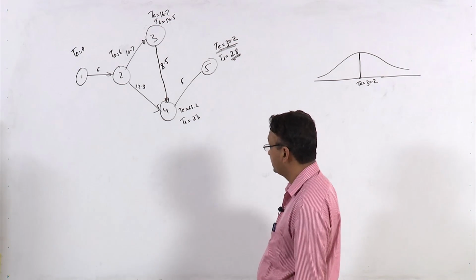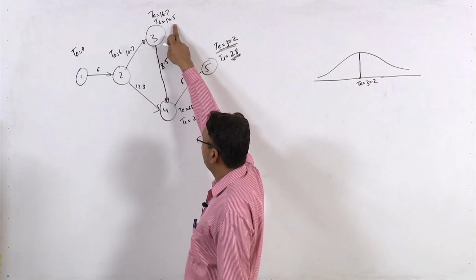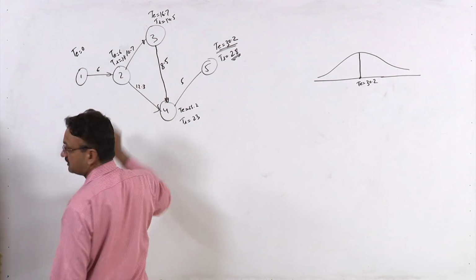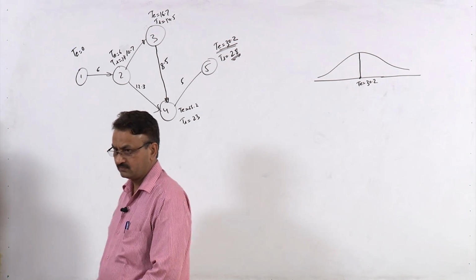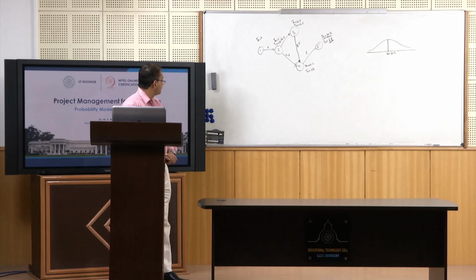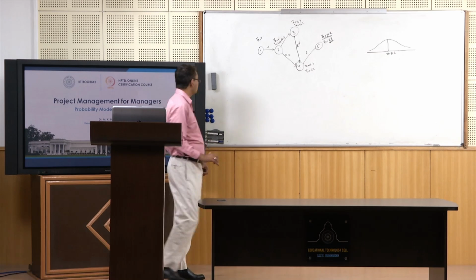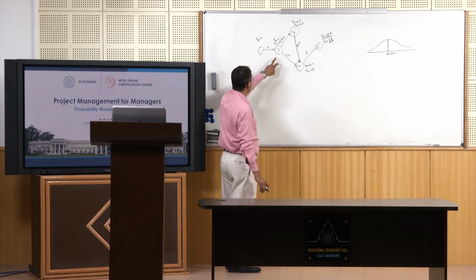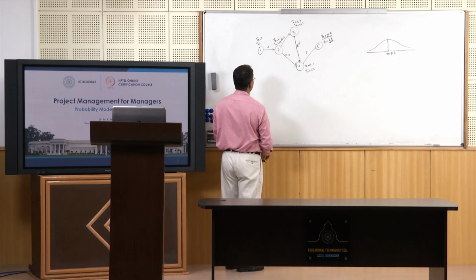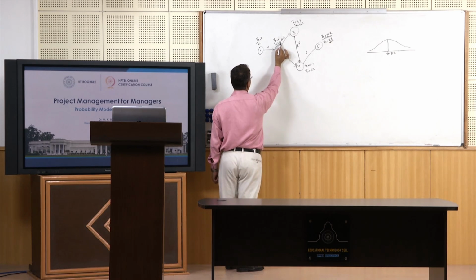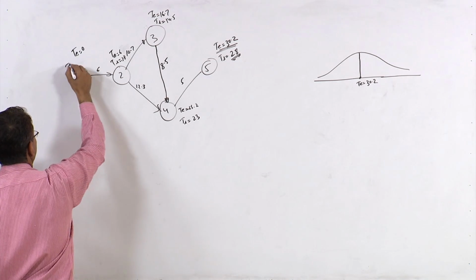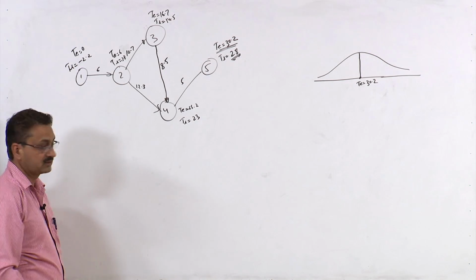What would be the TL at this node? It's 14.5 minus 10.7, 3.8. Then the last TL would be 3.8 minus 6, so TL is equal to minus 2.2. TL at this point is minus 2.2.